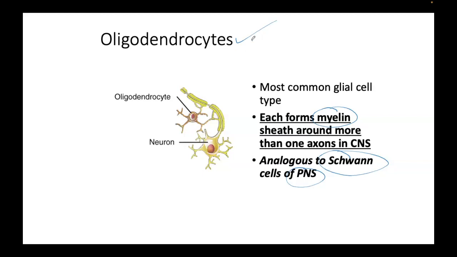The oligodendrocytes are going to produce myelin, but in the CNS, whereas the Schwann cell produces myelin in the PNS. So they both myelinate, except the oligodendrocytes myelinate the brain and the spinal cord, and the Schwann cells myelinate everything in the periphery.